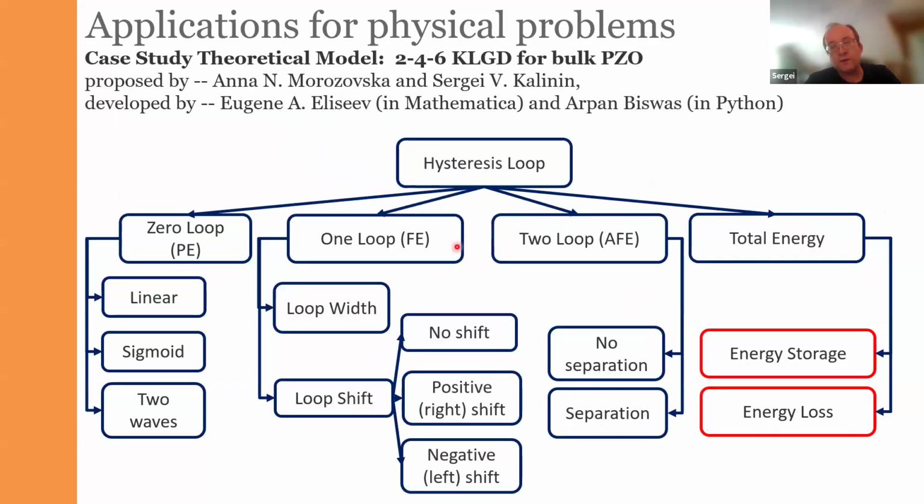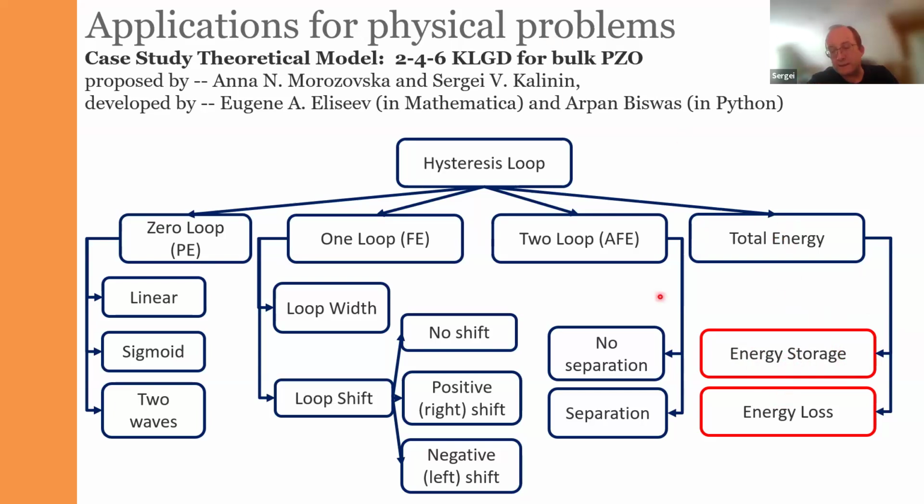What we need to do is to go through a very long slog where we first start with the classifiers of our hysteresis loop. We need to introduce the cases when there is one or two loops, and then we need to figure out how to calculate the total energy and energy losses, so the parameters that we're interested in. So in this case, the problem starts with building the decision tree reward function.